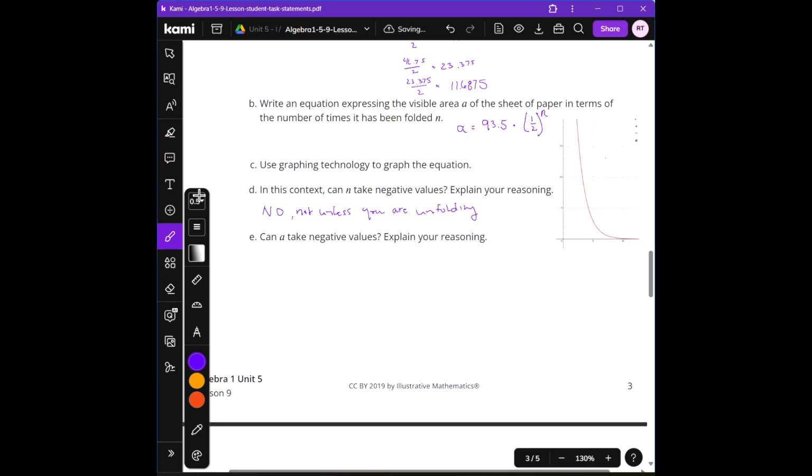And then remember A tells us the area, so can it be negative? No. The area can never be negative.